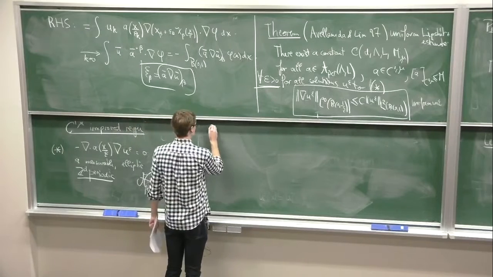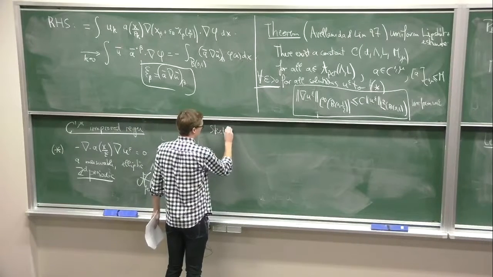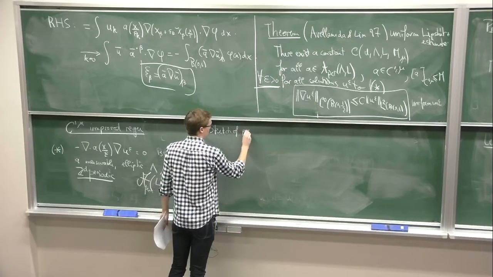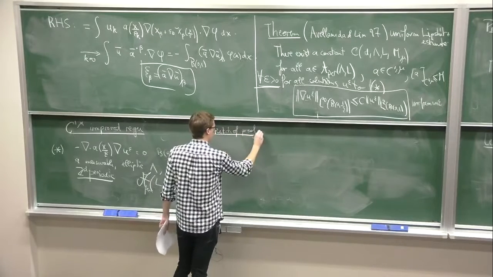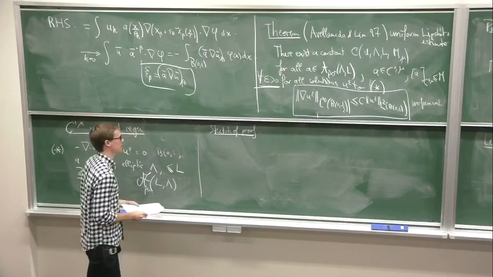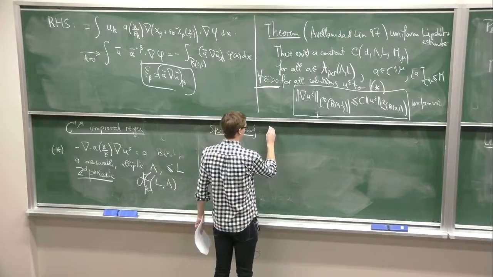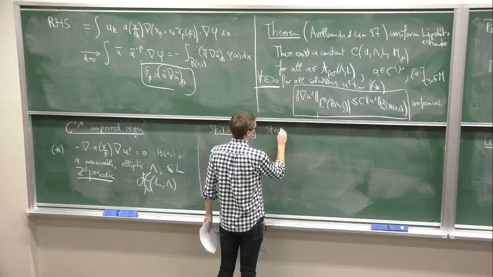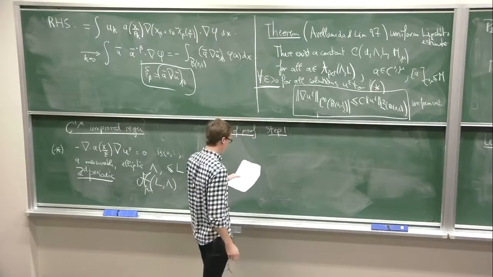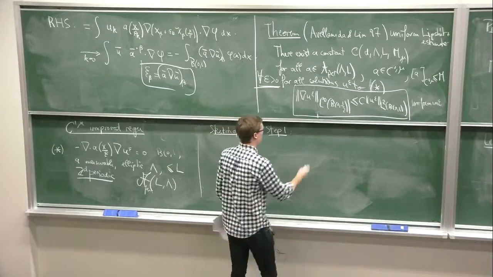So let me just sketch the proof before doing it precisely. So the sketch of proof goes as follows. So there are three steps. So the first step is the improvement of flatness.